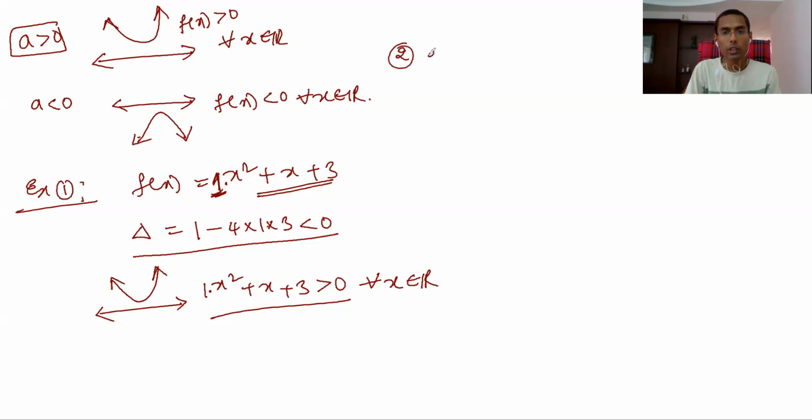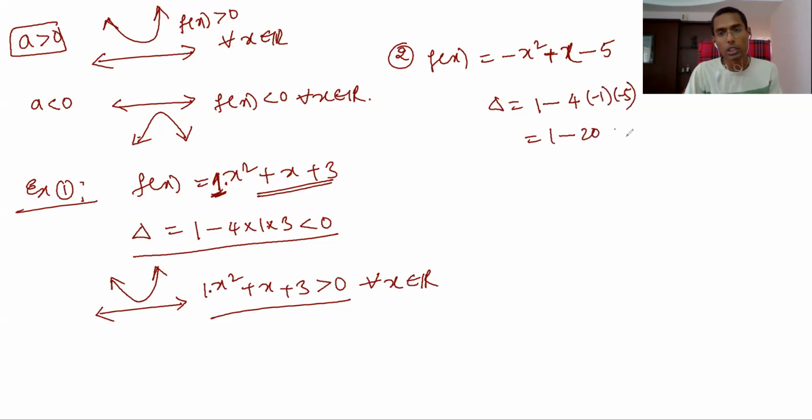Now let's take a second example. Here f of x equal to minus x square minus x minus 5. Here what is delta? B square minus 4ac, so this is 1 minus 20, which is less than 0. That means delta is less than 0.